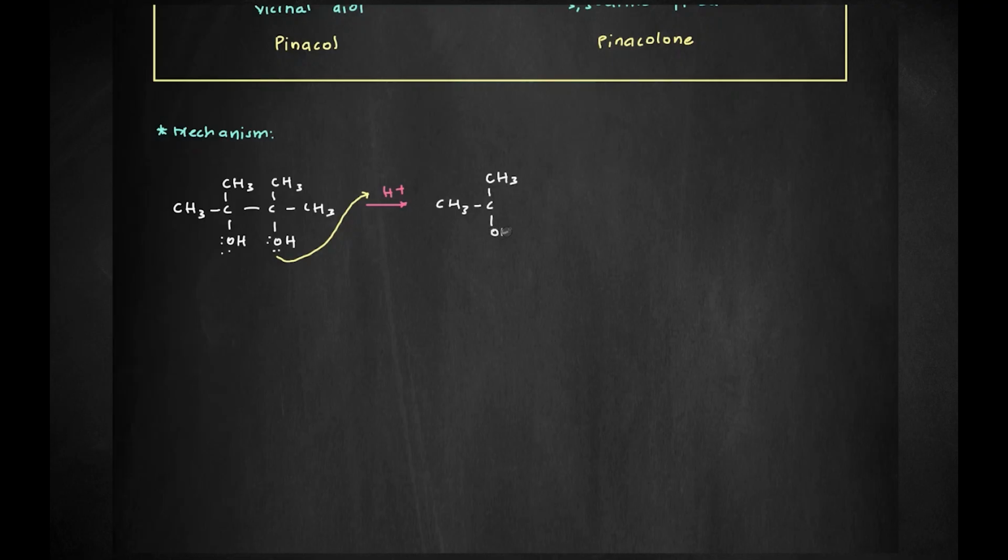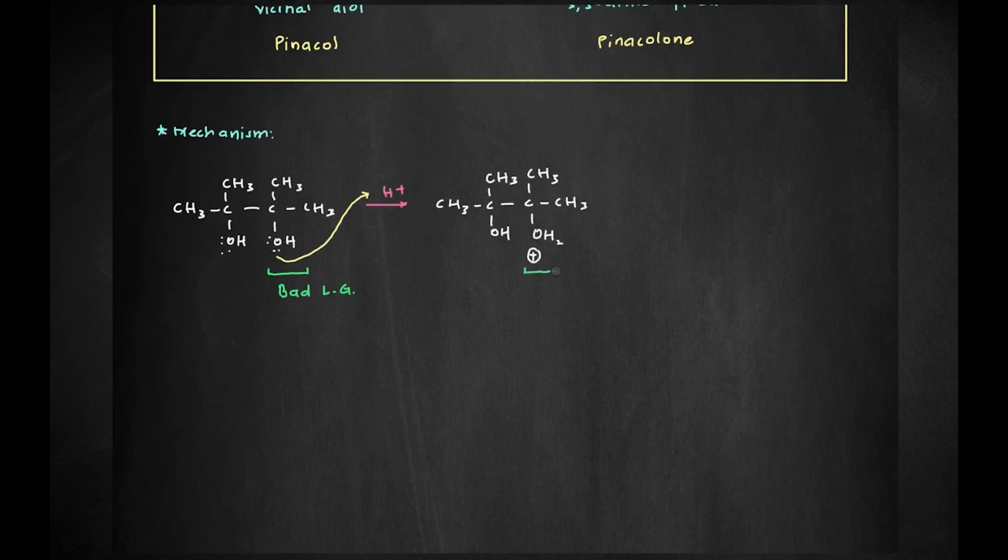So this will now be OH2 plus, correct? Why did the plus charge come here? Because oxygen has formed 3 bonds. Clear? Now look very carefully here. As you know, OH is called a bad leaving group, correct?